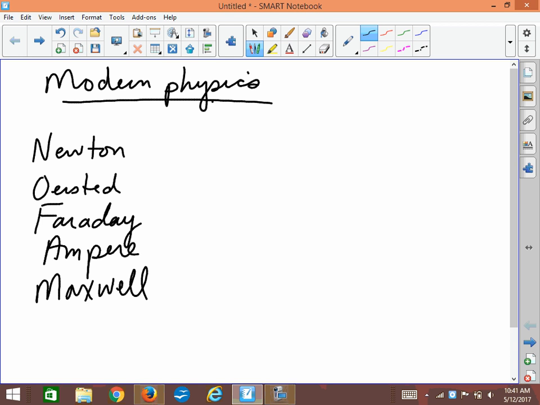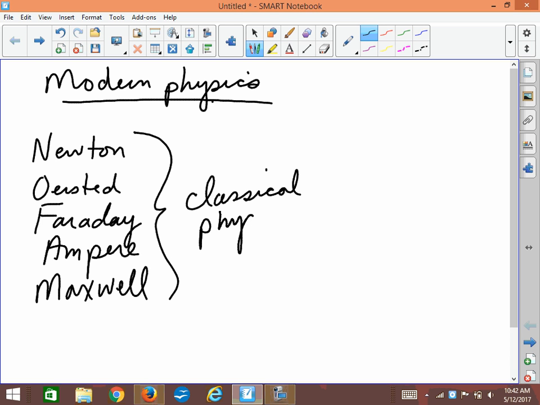What we've seen is that Newton thought of the world in a certain way, right? In fact, let me just put a little bracket here and put classical physics. So, originally, Newton actually thought about light, and he did a lot of work with light.